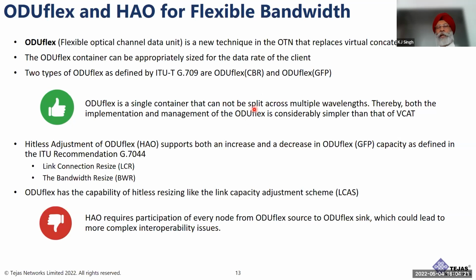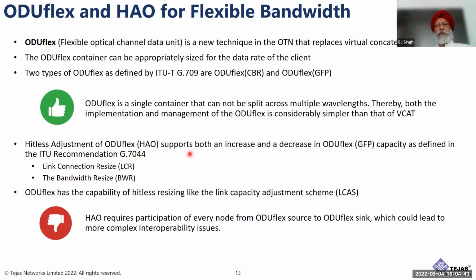And thereby the management of this becomes simpler than that of VCAT. In VCAT, the differential delay that you had to support was very high, but in ODU Flex, you don't have that kind of problem to solve. And it would be an extremely tough problem to solve at very high rates in any case. So that essentially becomes a little simpler.